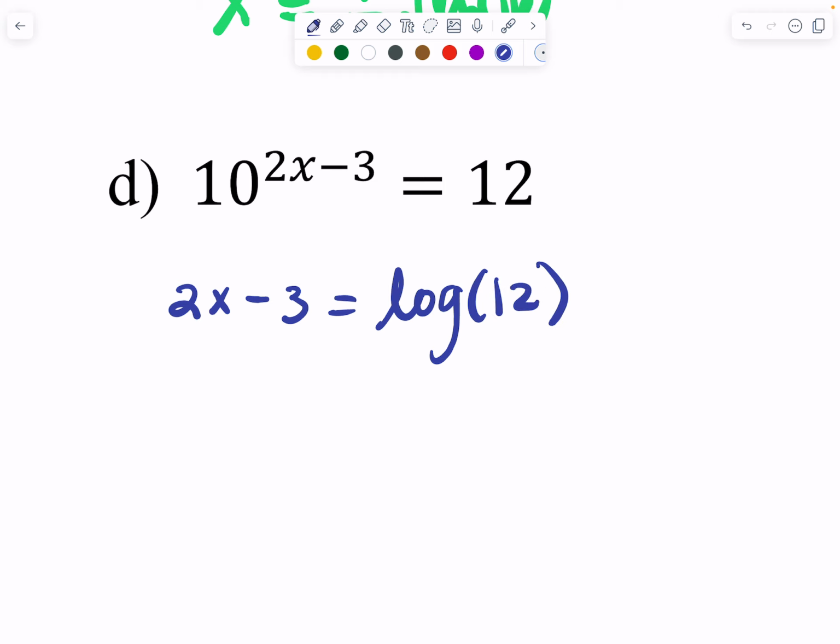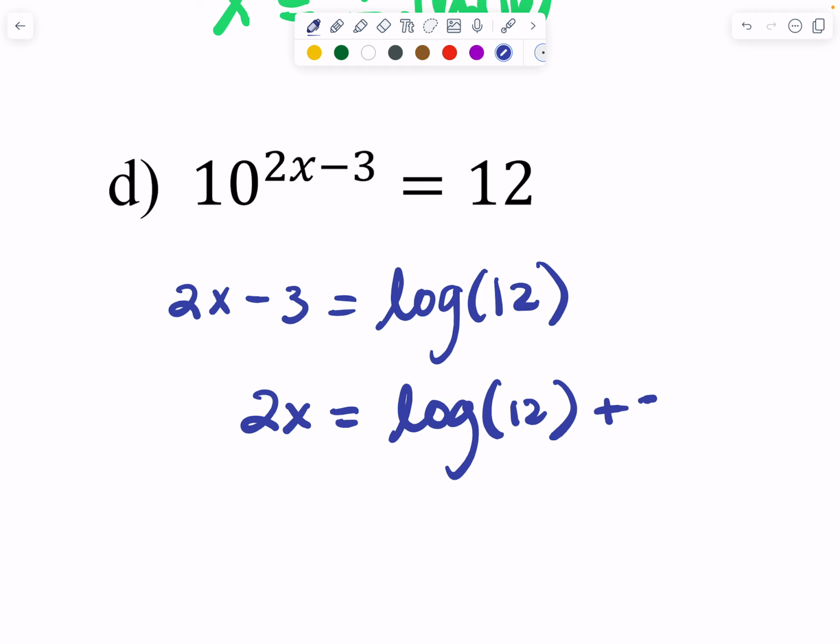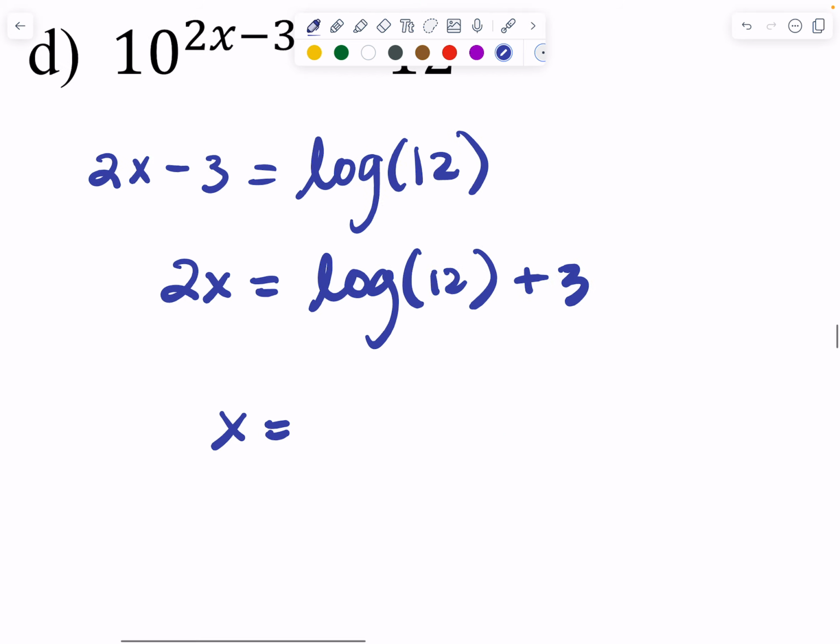Right, 10 to the 2x minus 3 power is equal to 12. Okay, so adding 3 to each side of the equation, and you are welcome to go directly to also dividing by 2, if you want to do the algebra in one step, that's totally fine. So log of 12, I keep leaving that one off, plus 3, divided by 2.